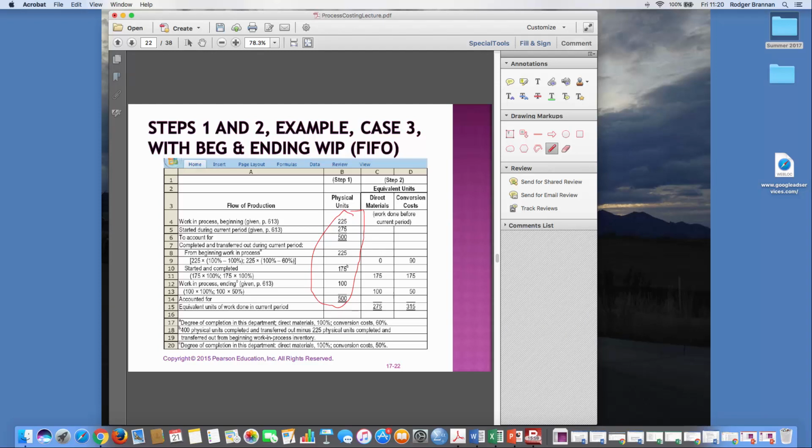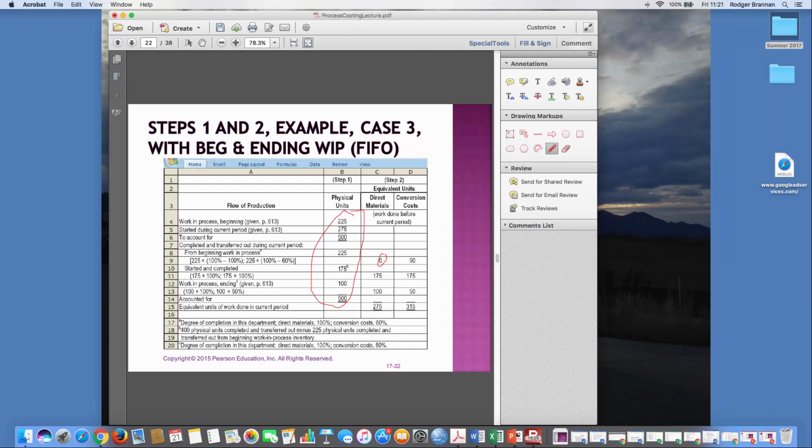But what I want to do here is to segregate out and say, look, I began with 225 units. And I know that of that 225, because materials are added at the beginning, I don't add any more materials.